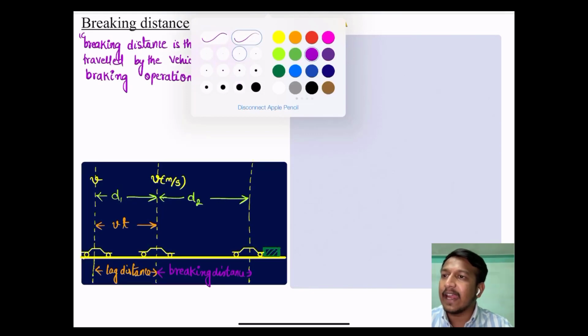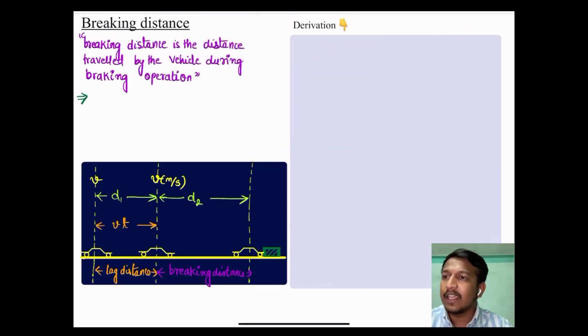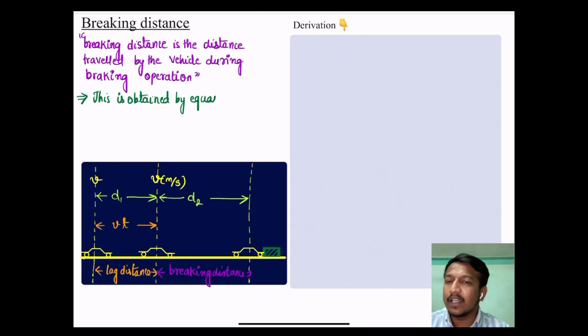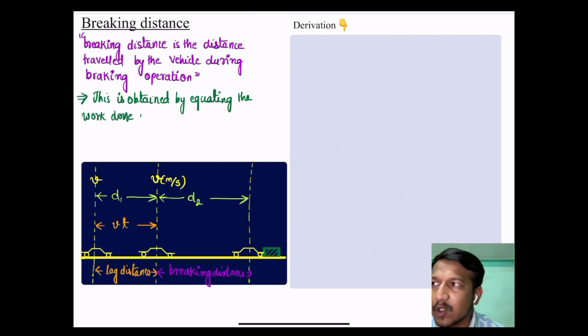Lag distance we have calculated as V into T. The braking distance can also be calculated by equating the work done in stopping the vehicle, and friction is doing the work to stop the vehicle. This is obtained by equating the work done in stopping the vehicle and the kinetic energy of the vehicle.